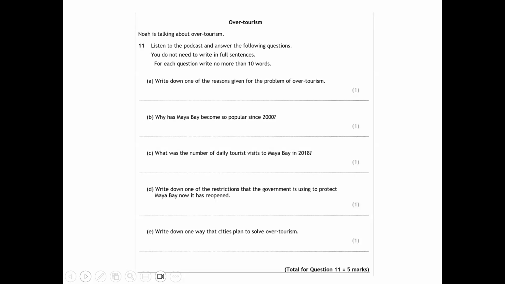Just give one answer. And again, circling that one or underlining that word one in their reading time is a useful activity for them to do. And we see it happen in A, we see it happen in D, and we see it happen in E. So, just make sure that they are reading the question carefully. Write down one way that cities plan to solve over-tourism.